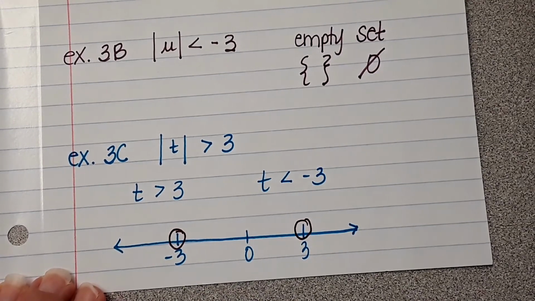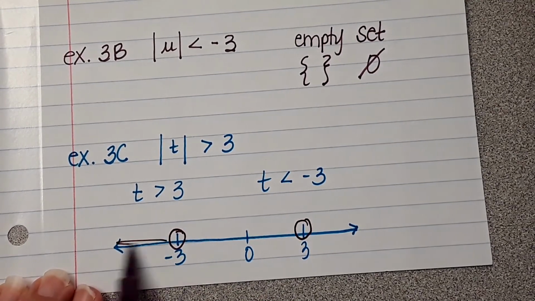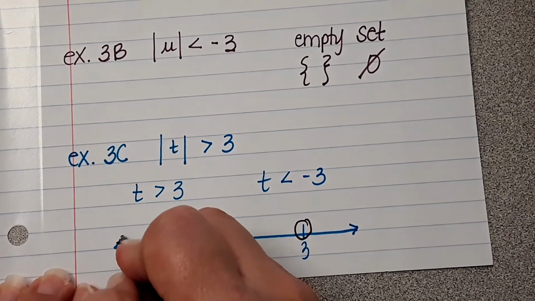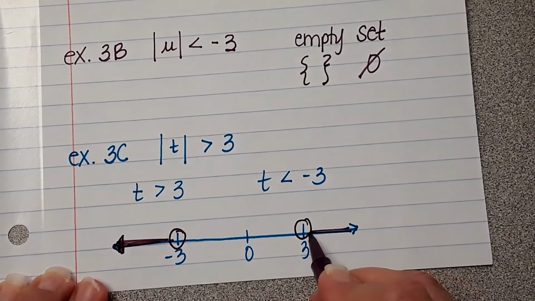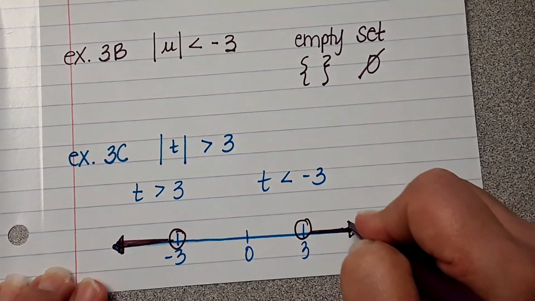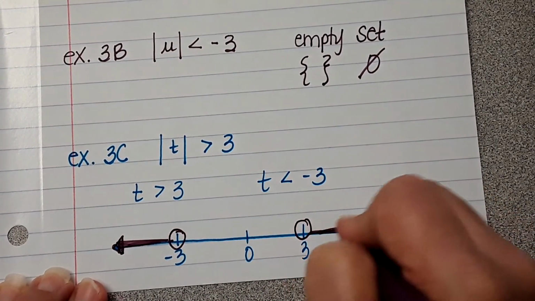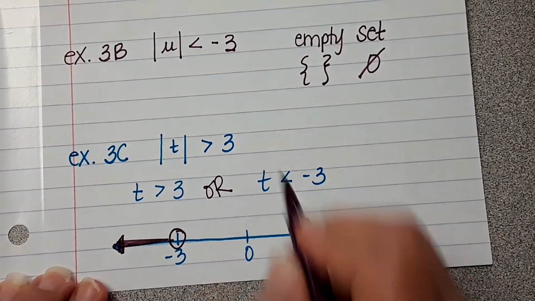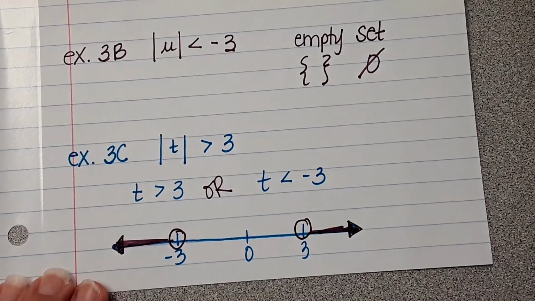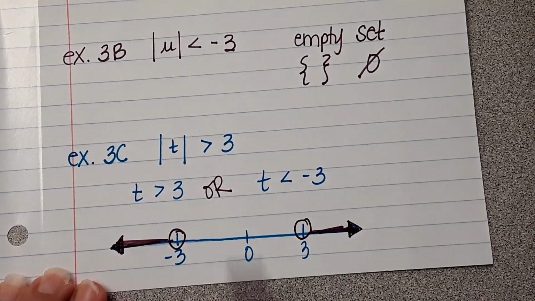It's not true, so you wouldn't shade there. So we're going to shade this way. And all I had to do was test one number. If it's false, then you can't shade that way. So this would be an OR. So either or.